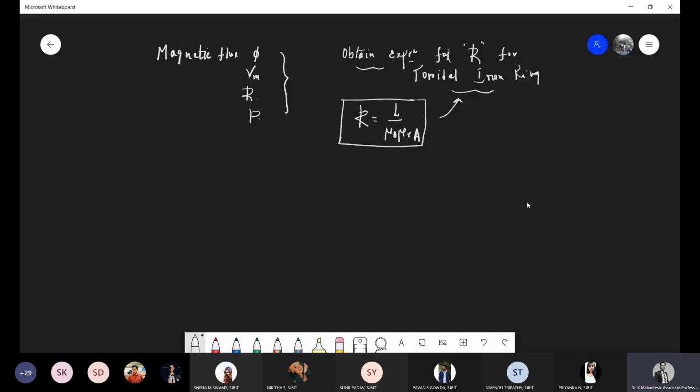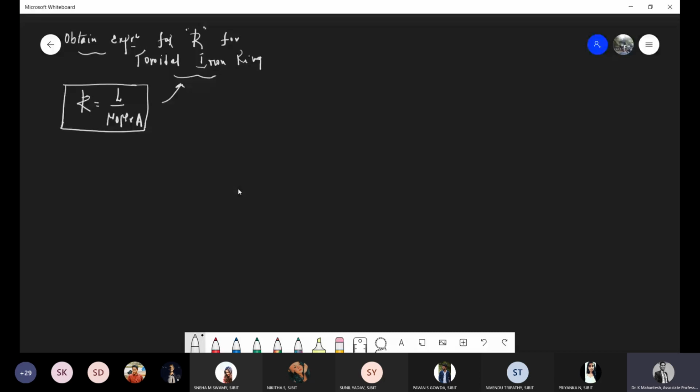So before we start this derivation, have you obtained the equation for R? No, right? Okay, fine. So consider a circular ring, a toroidal ring.